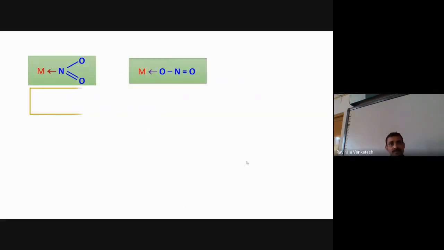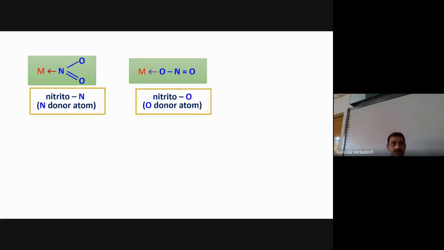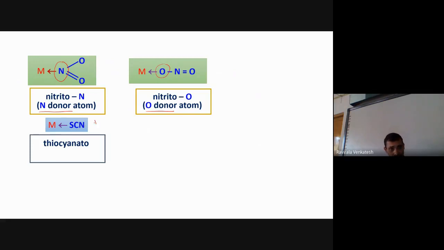Next, just the structures, how we represent them: from the nitrogen side, from the oxygen side. Oxygen is a donor here, nitrogen is a donor atom. Take one more example, thiocyanate. The name is thiocyanate.